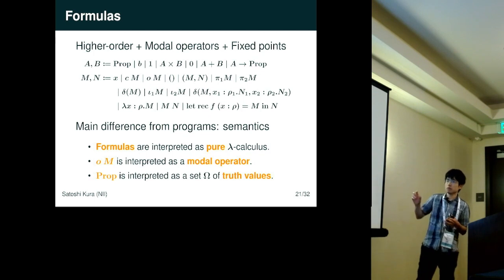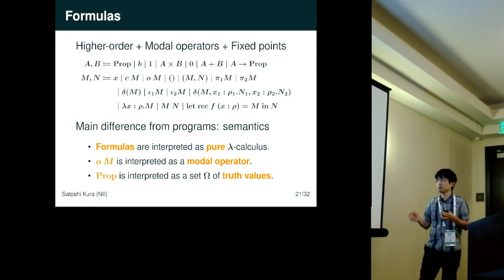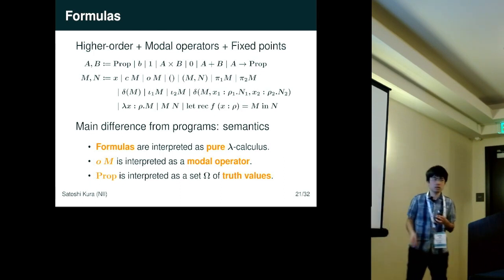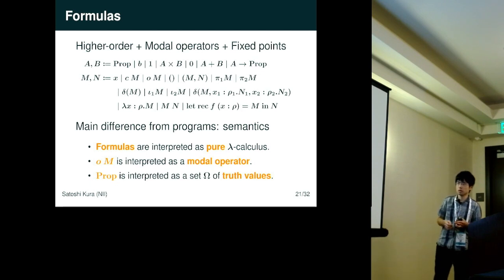The main difference between programs and formulas is their semantics. That is, formulas are interpreted as terms of pure lambda calculus, which is contrary to the interpretation of programs, because programs are effectful.